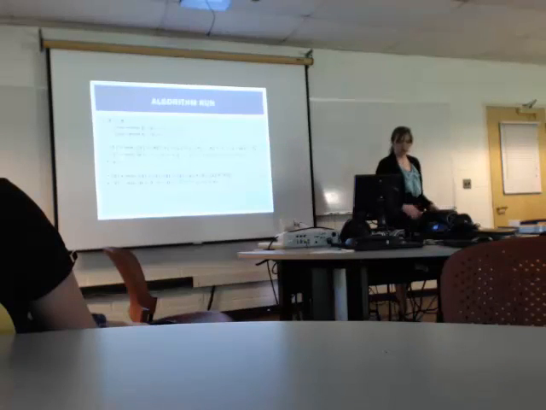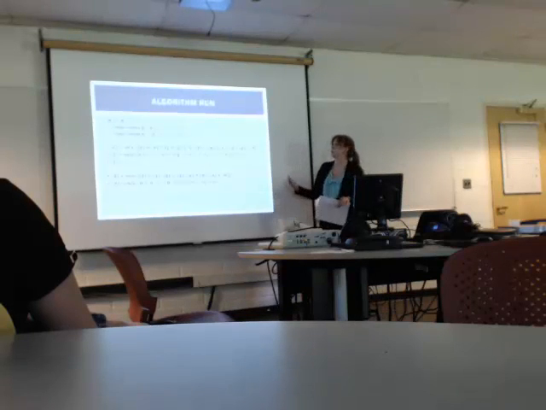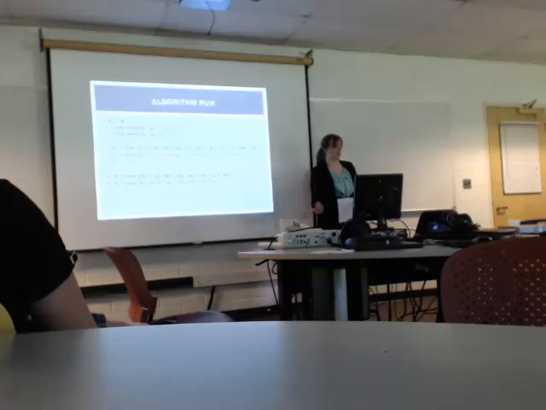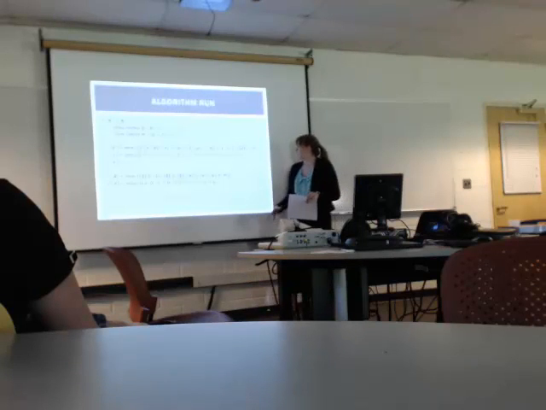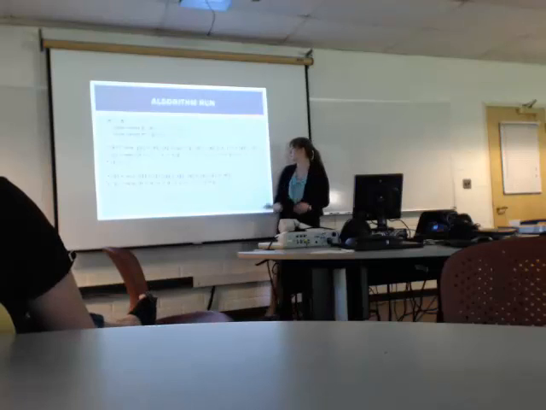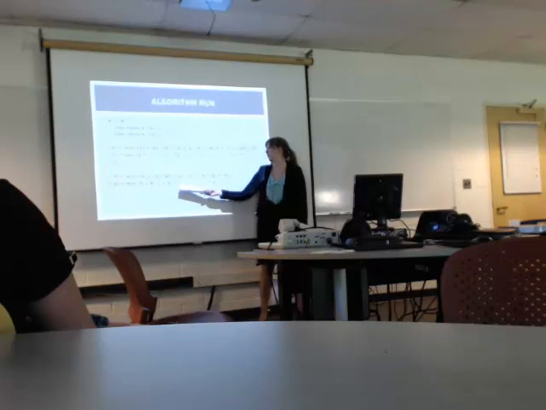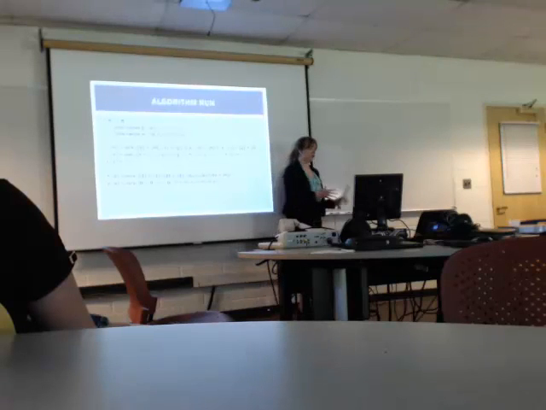So for 2, we have class 1 plus class 1, so it's 0 plus 0. The reason why the answer is 0 is because we're looking at each of the equations individually.